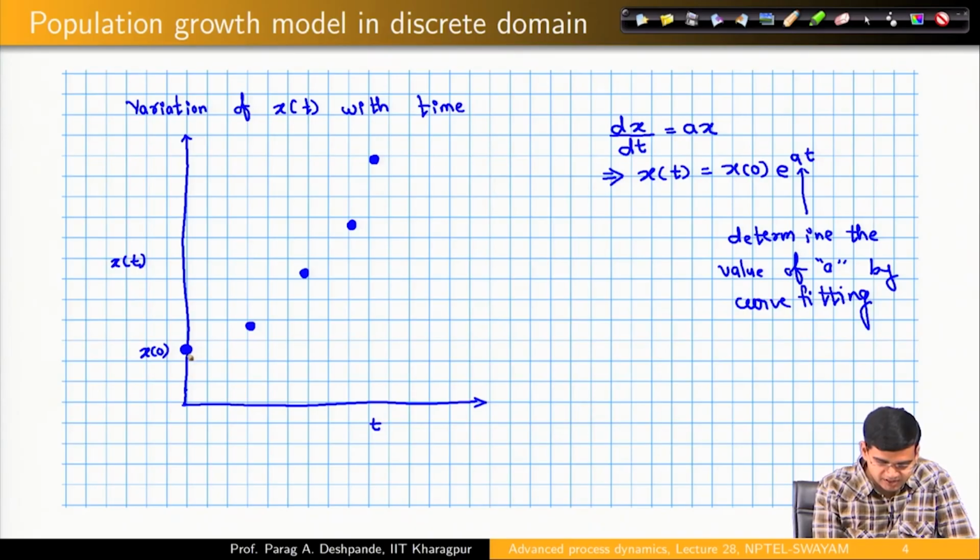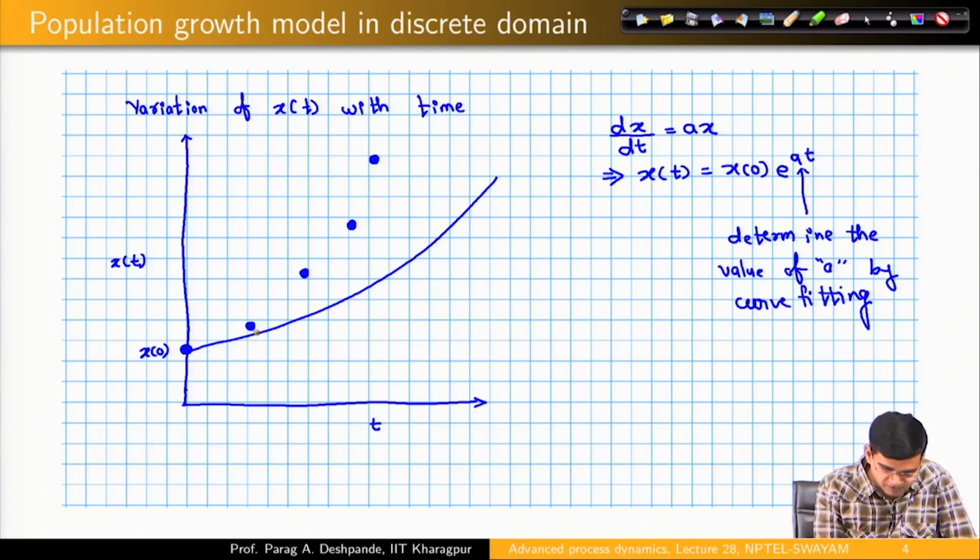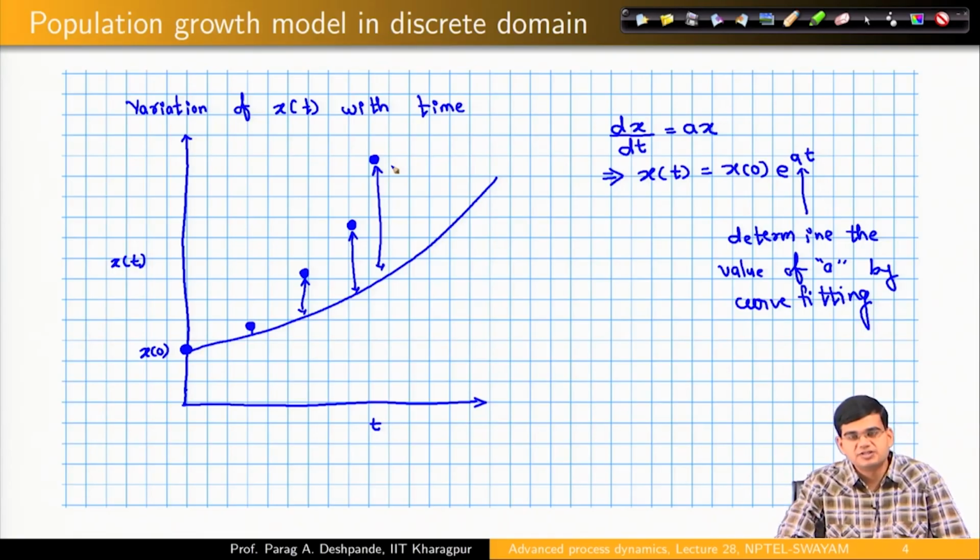guess value of a gives you a curve which looks like this. So, you certainly know that that value of a is not good. So, you will quantify this term not good by taking these residuals, you will take the square of them, you will sum them up, and then you will change the value of a.